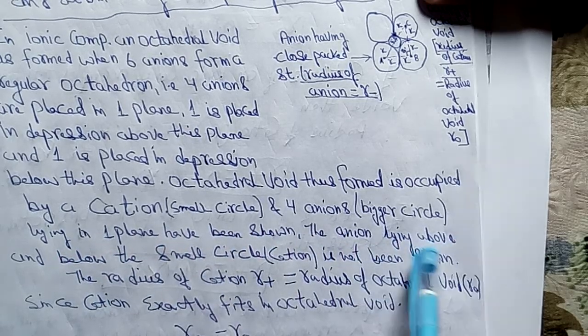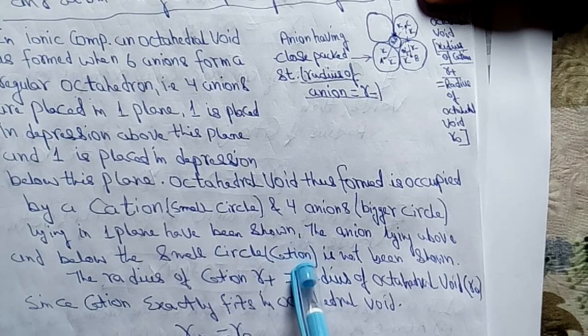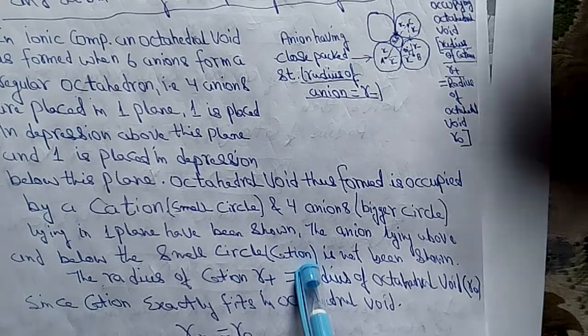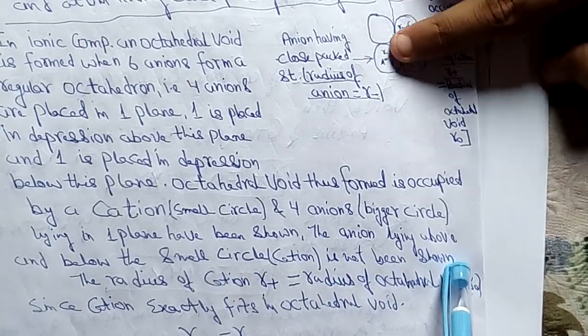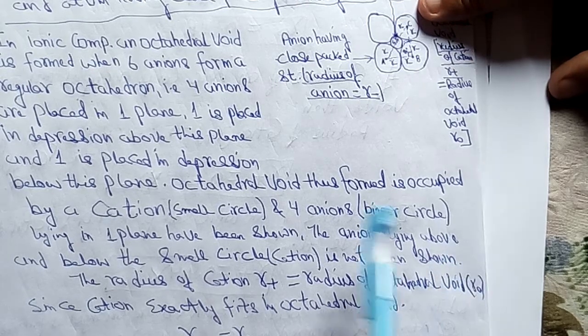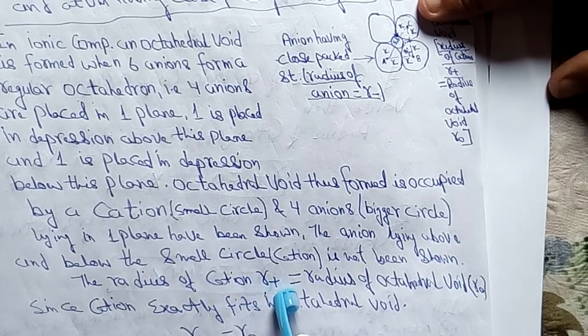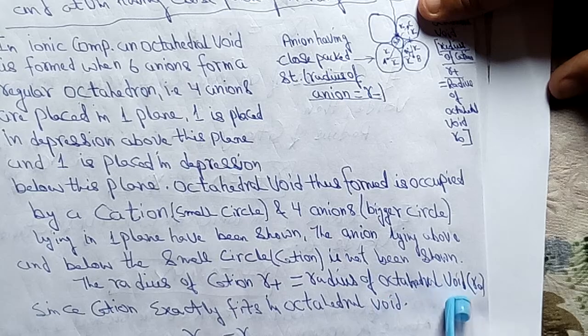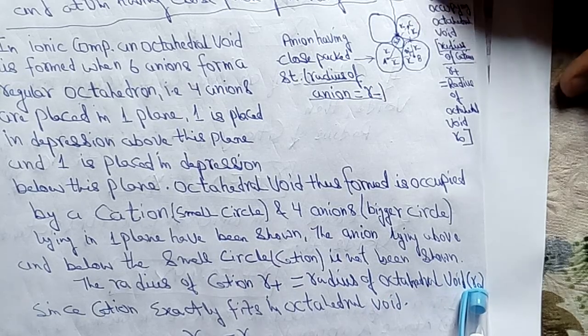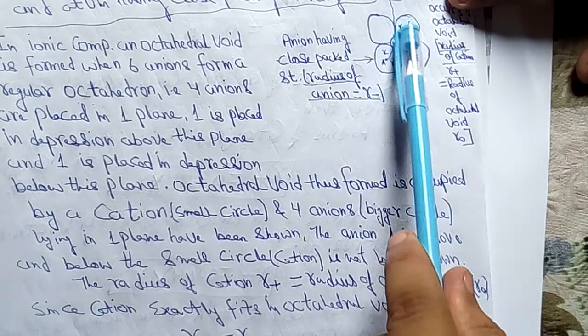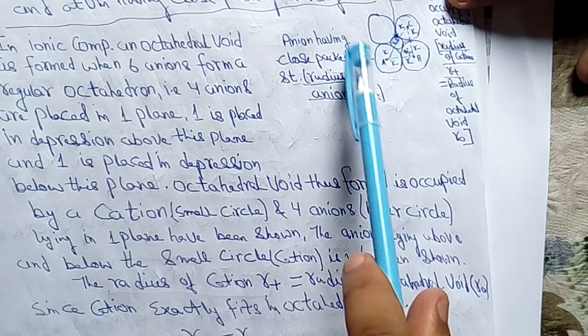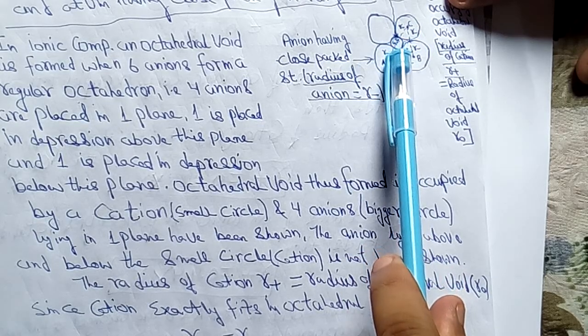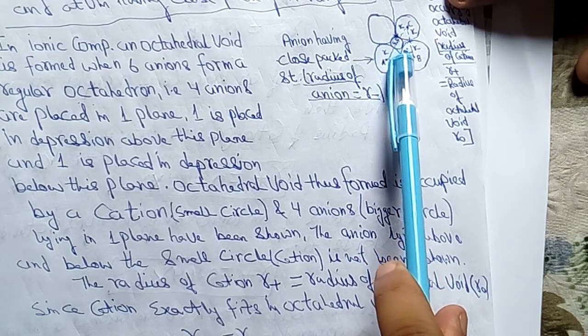The anions lying above and below the small circle, that is the cation at the center, are not being shown. The radius of the cation r plus is equal to the radius of the octahedral void r naught, because they are both at the same place at the center. So the radius of the cation and the radius of the octahedral void are the same.